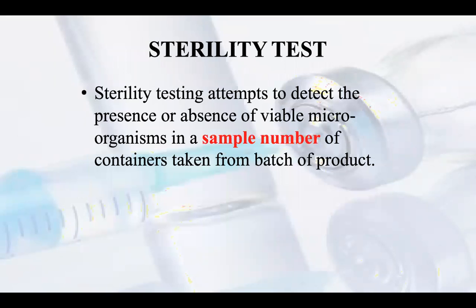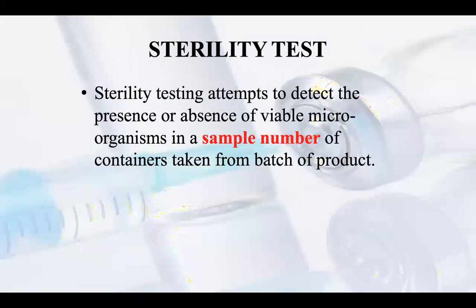So for that, testing attempts to detect the presence or absence of viable microorganism in a sample number of containers taken from a batch of product. So they have taken various samples of batches of product, then they go for testing.